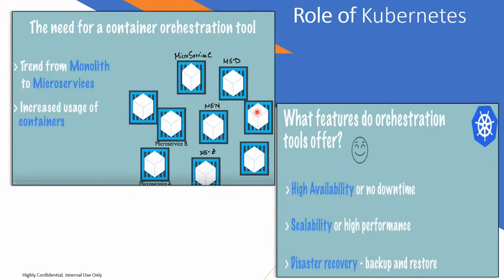Even if it is a database, I will have to replicate the same database with the same data. Data should not be lost. It is not a very simple thing to design and to maintain. So Kubernetes comes to our help, but we have to know how to use the services provided by Kubernetes. So high availability or no downtime, scalability or high performance, discovery and recovery, backup and restore. All these are the features of an orchestration tool.